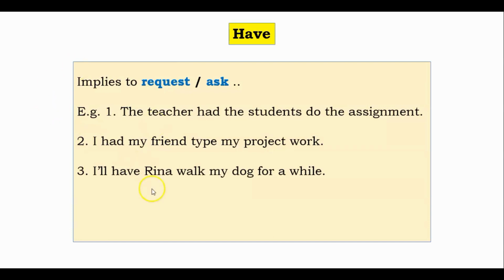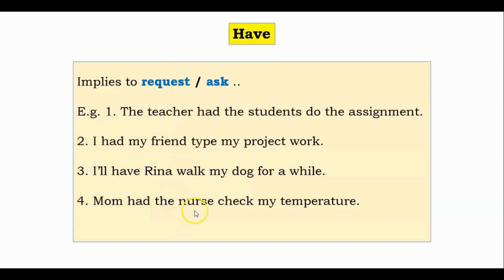I'll ask her or request her to walk my dog for a while. I may have some other work at the time. Last example, Mom had the nurse check my temperature. Okay, Mom requested the nurse to check my temperature after going to the hospital. Okay, request or ask, that is what have means as a causative verb.